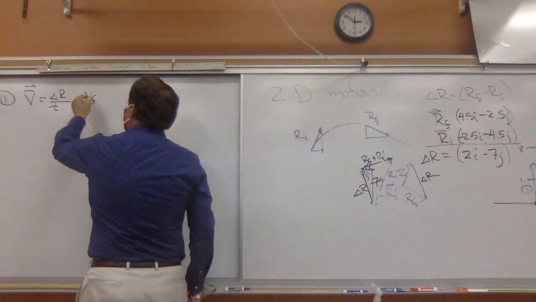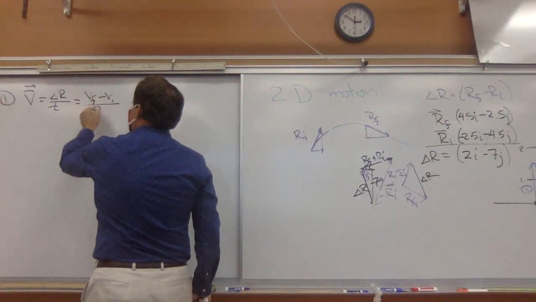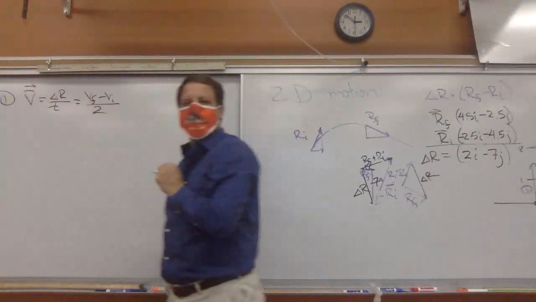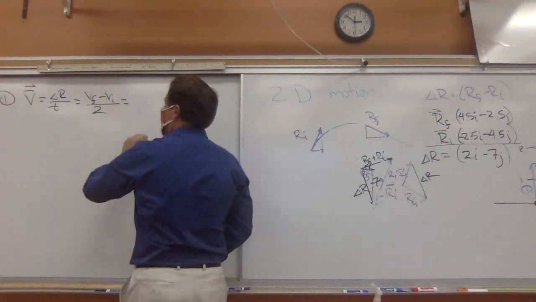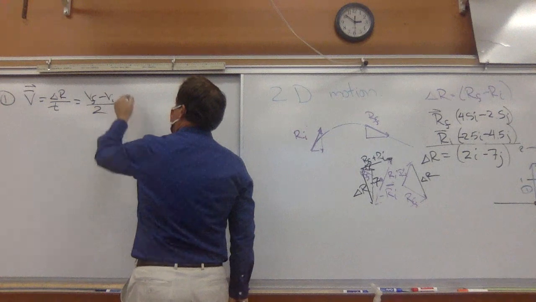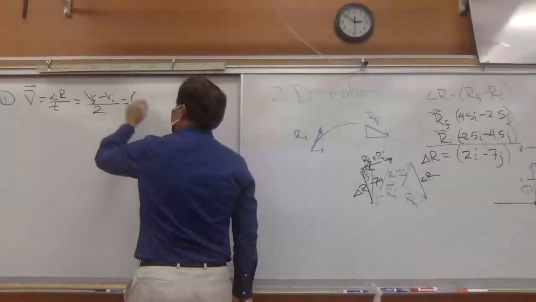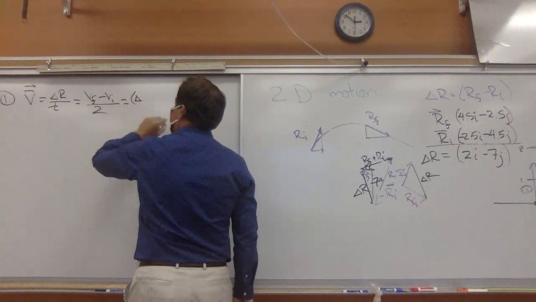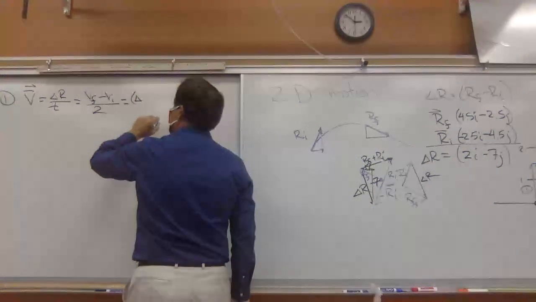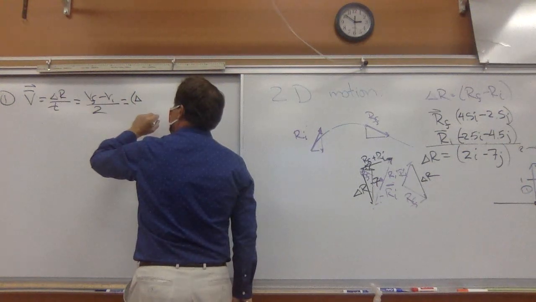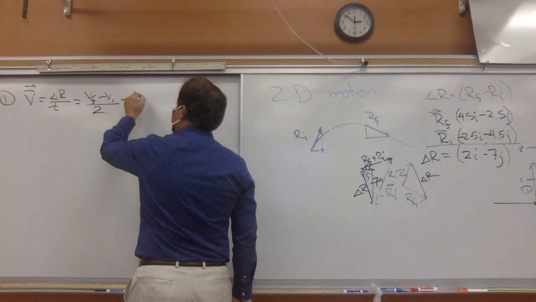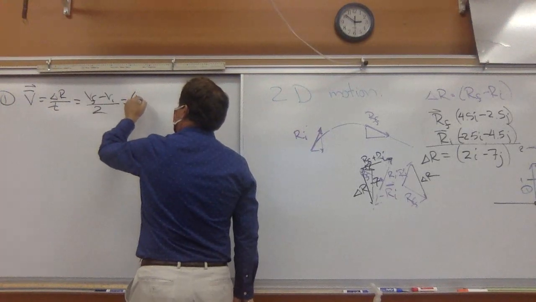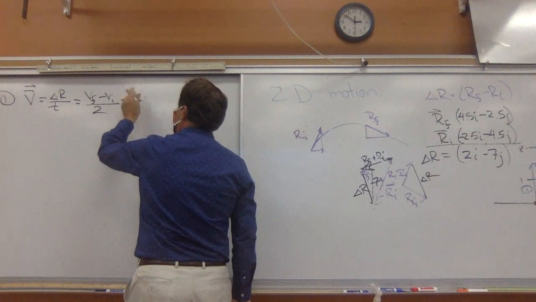And that is going to be V final minus V initial over 2. Make sense? Okay, but remember, this is going to be delta, the change in the I direction.